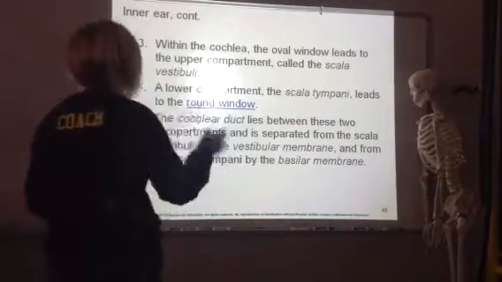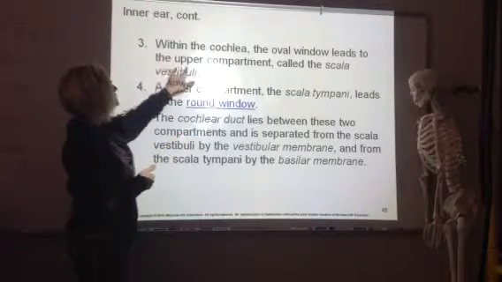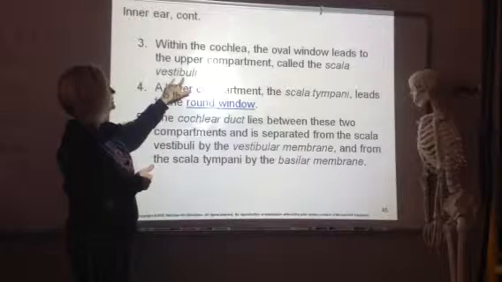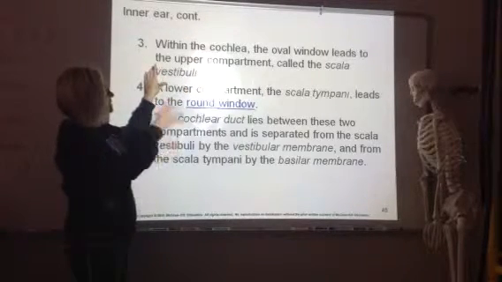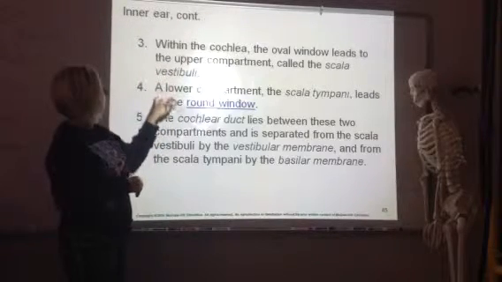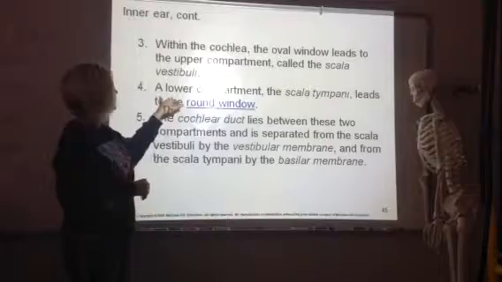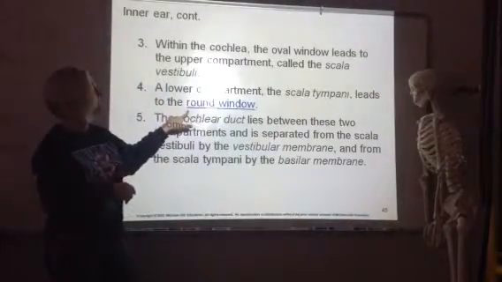Inside of the cochlea, the oval window, the last part that we talked about, leads to something called scala vestibuli, and we'll look at that. That's going to be an upper compartment. The lower compartment, scala tympani, leads to the round window.